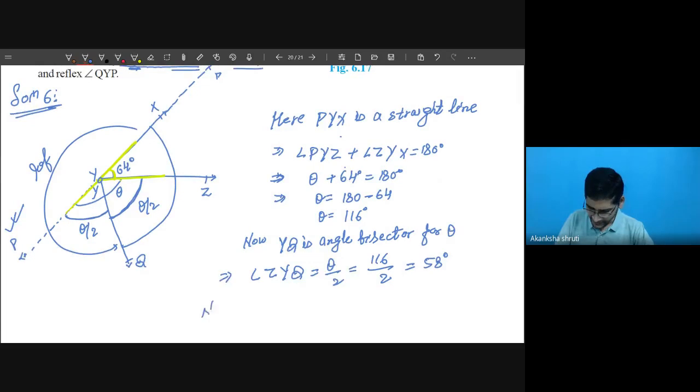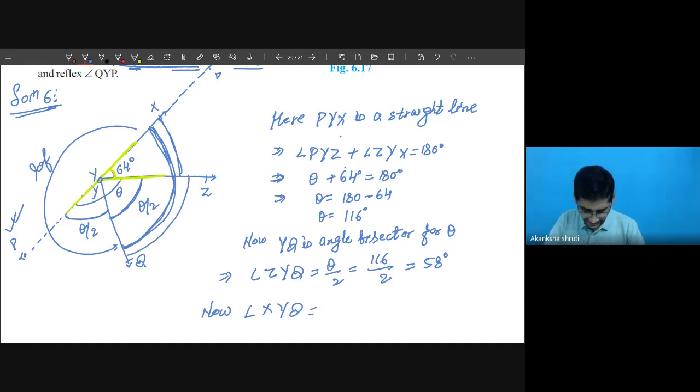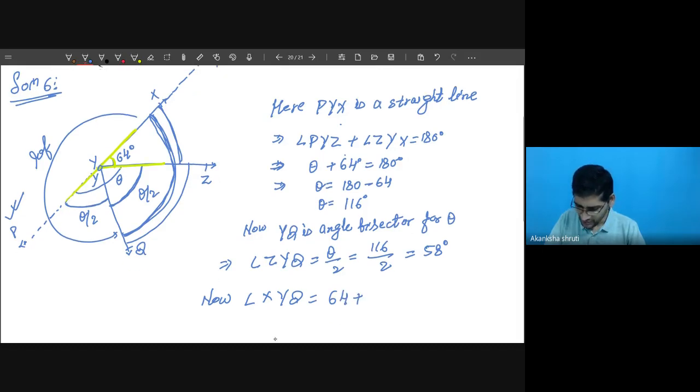Okay, student. Now what we need? We need angle XYQ. Student, observe this. This is angle XYQ, this much bigger angle. This will be the sum of this angle plus this angle. So this is equal to how much? 64 degree plus theta by 2.